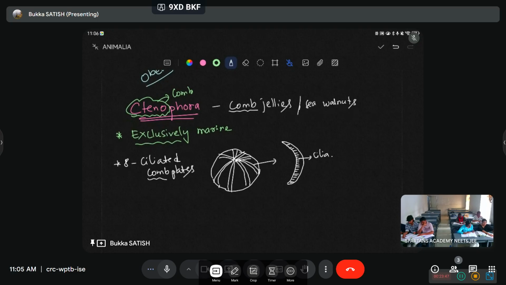Right. Next important property, they have bioluminescence. I hope you know this term, bioluminescence. So this is one of the important characteristic features of this group.